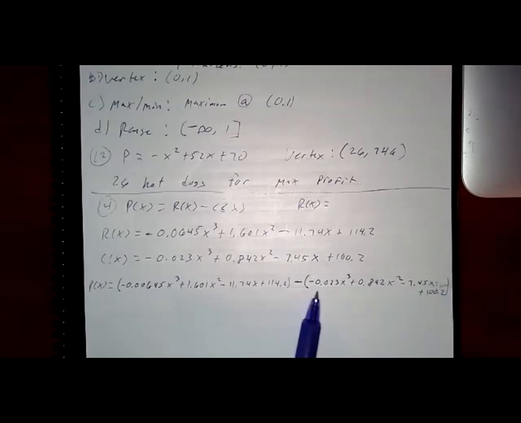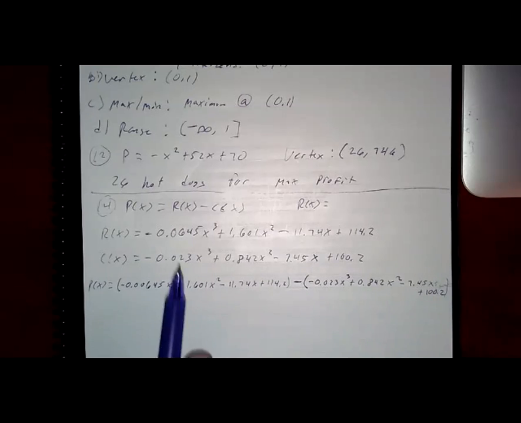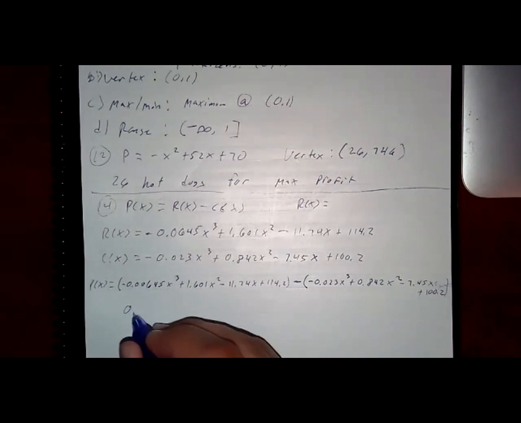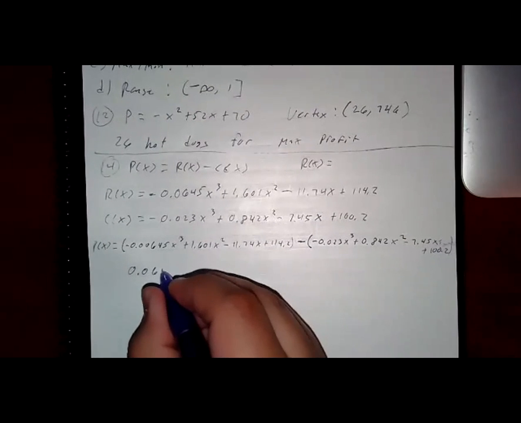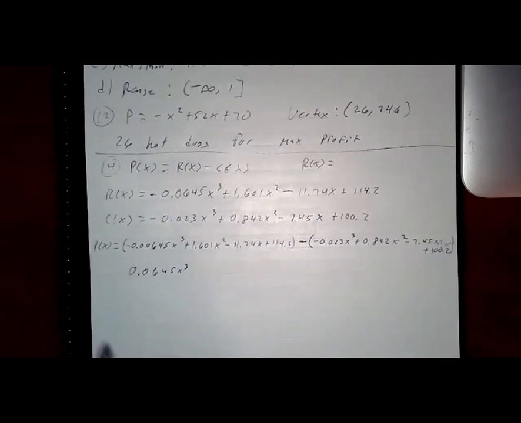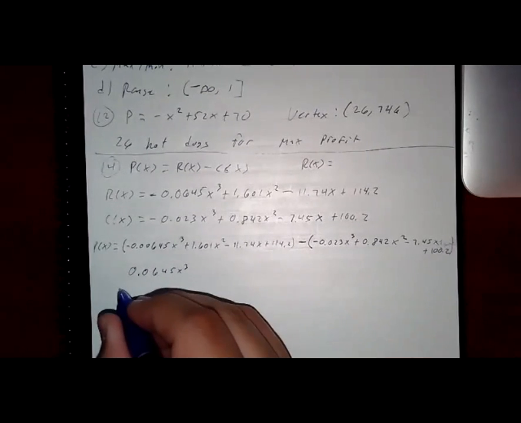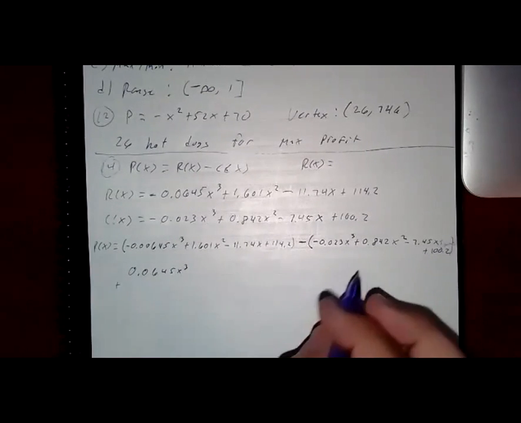So just subtracting the negatives will be just adding them, right? You can also subtract them up and down if you want. Doesn't matter. What I'm going to do though, I'm going to shift them to horizontal just so it's easier. So it'll be 0.0645x cubed minus a negative, so plus.